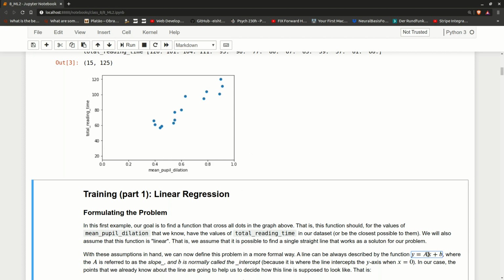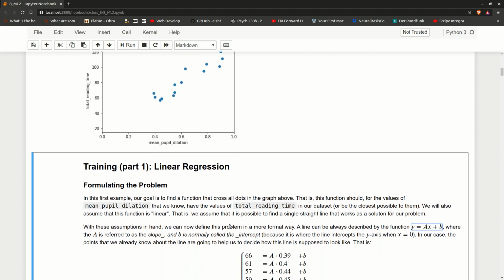The a tells how inclined the line is. So when a is 0, the line is like this. When a is a very big number, the line is like this. And the b tells if the line is here, or up here, or if the line is low. Anyway, the point here is that a line can be described by this equation.